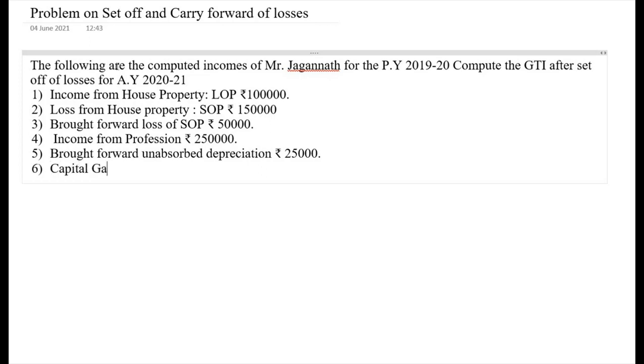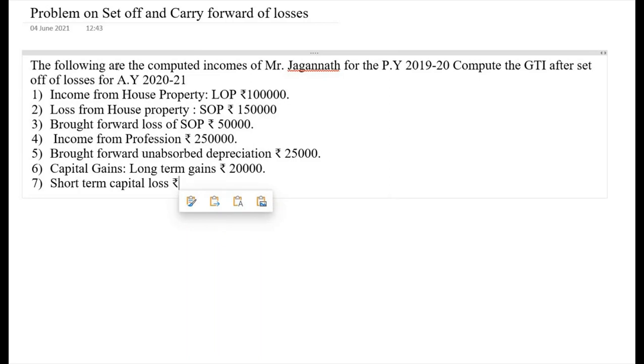Capital gains: long-term gains rupees 20,000. Short-term capital loss rupees 30,000.